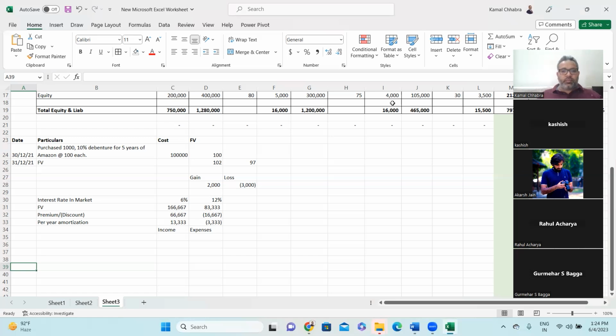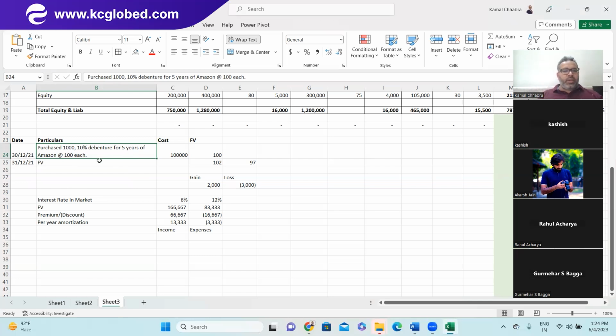Got it. So now let's keep this same example. You have purchased 1000 10% debentures for 5 years at book value 100 each, so your cost is $100,000.